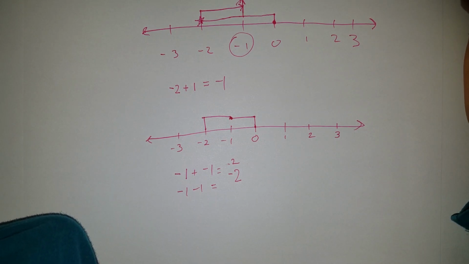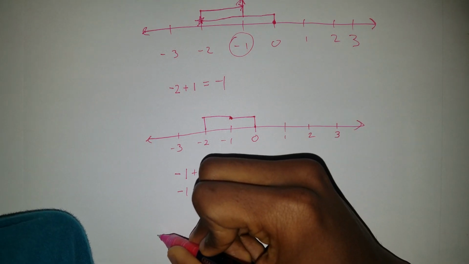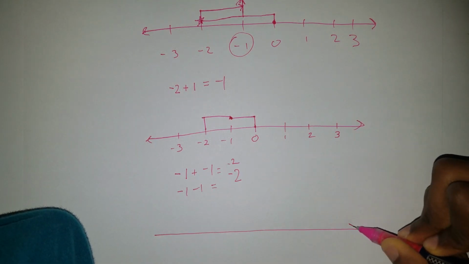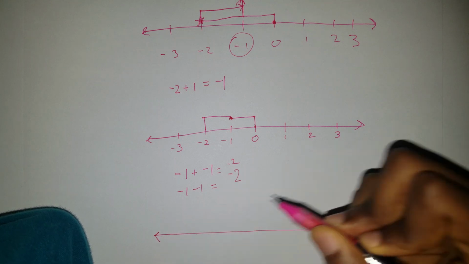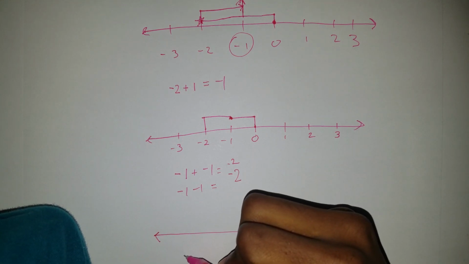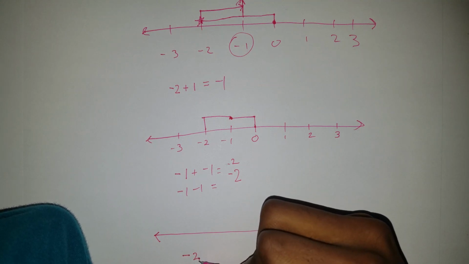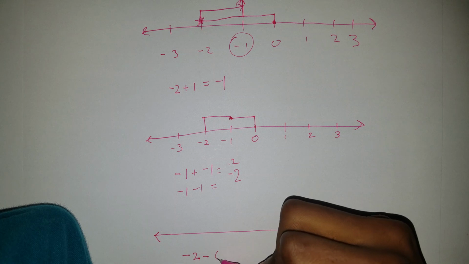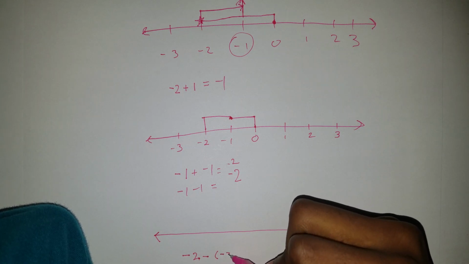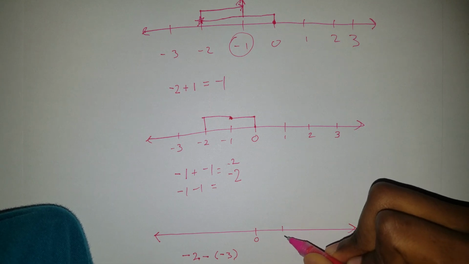What we can even do is take it a step up and say -2 minus -3. What would that look like on the number line?